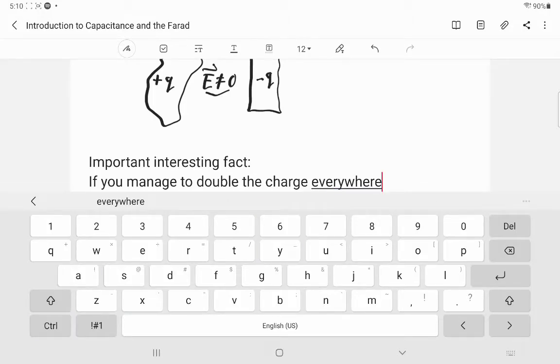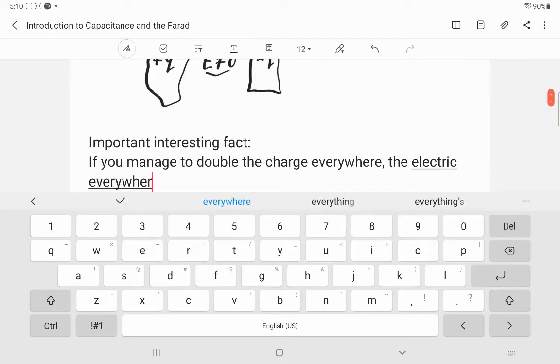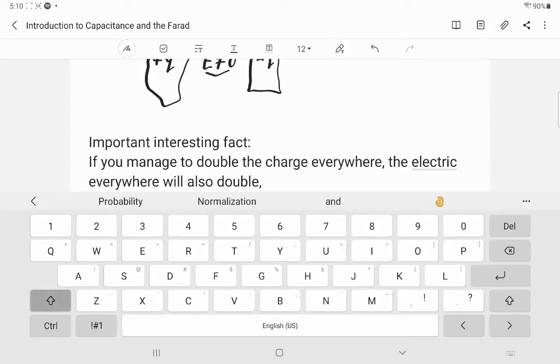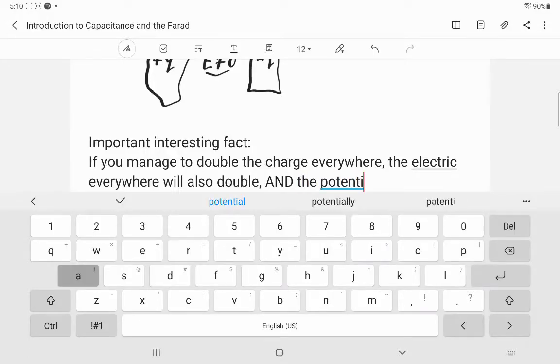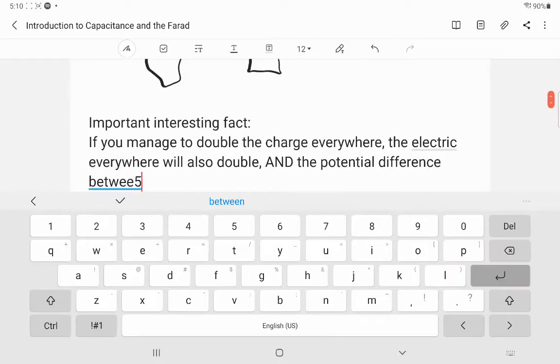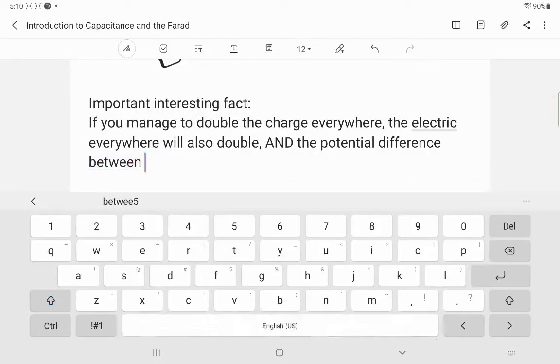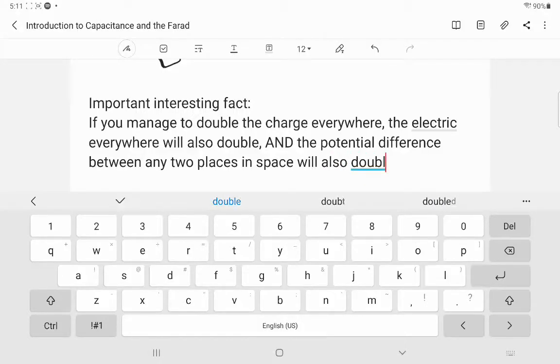It starts off by saying, if you were able to double the charge absolutely everywhere, what you will get is the electric field everywhere will also double, and the potential difference between any two places in space will also double, right?